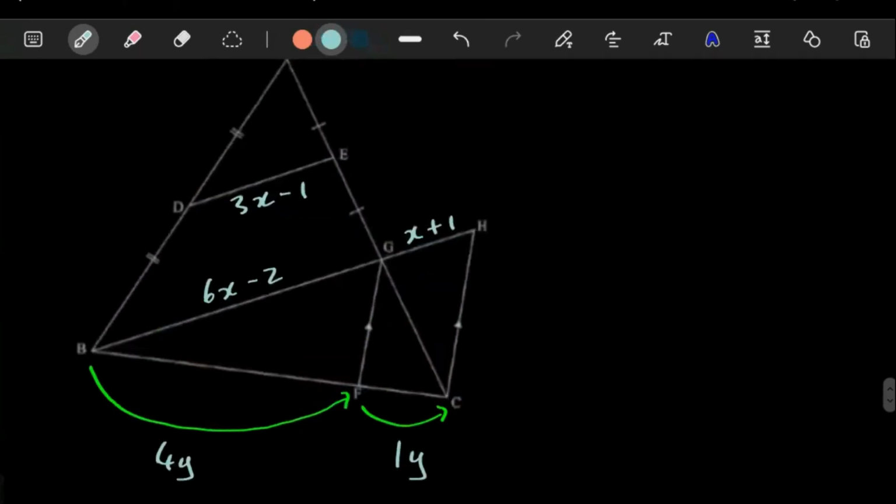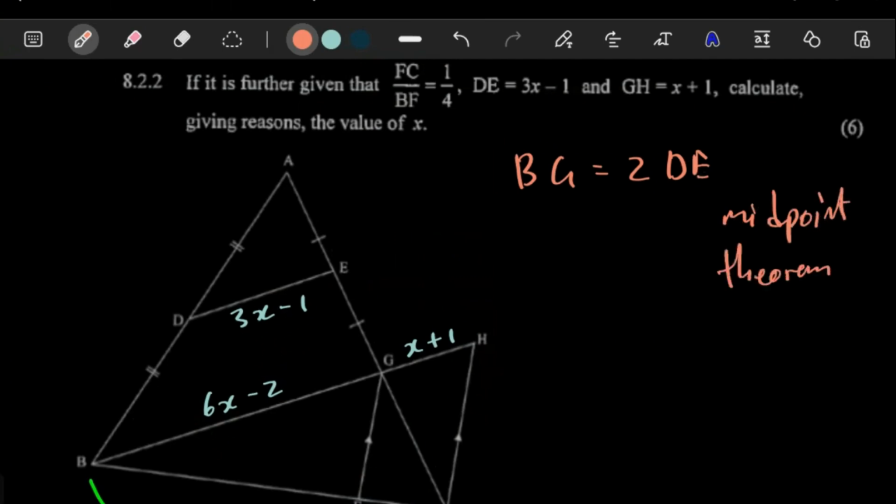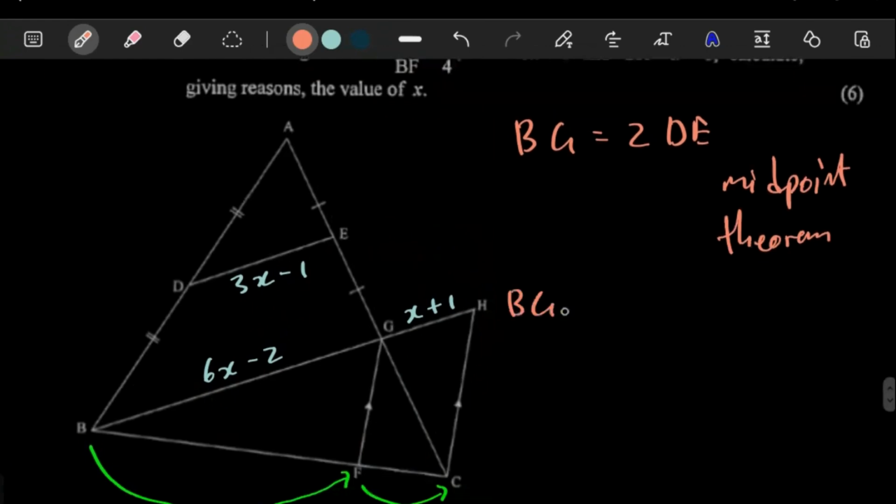Then it says calculate with reasons the value of x. Okay. Well, the one thing we can already see is that there's this over this, which is going to be equal to that over that. So let's say here BG is equal to double whatever DE is. The reason is midpoint theorem. So here you have BG, it is going to be equal to double DE, which is 3x minus 1.